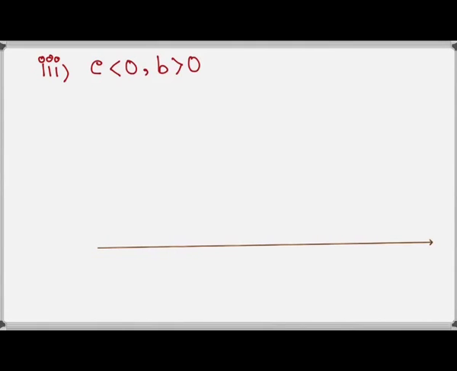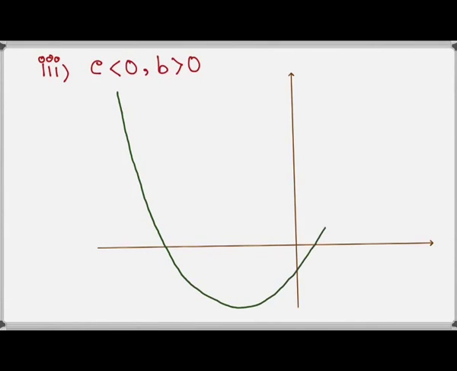Now our third subcase is c is strictly less than 0 and b is strictly bigger than 0. So this is the x-axis, this is the y-axis, and this is the parabola.